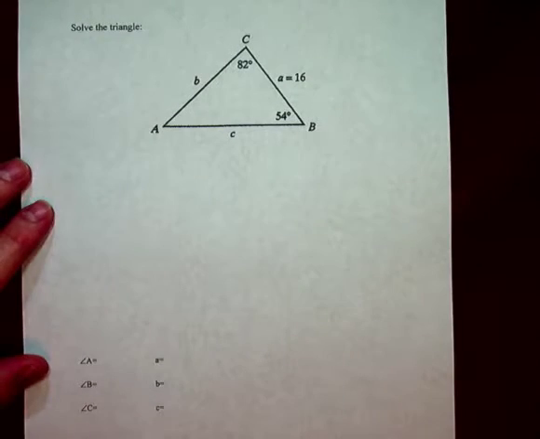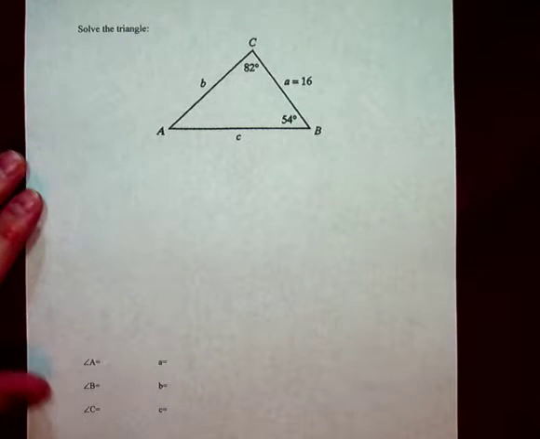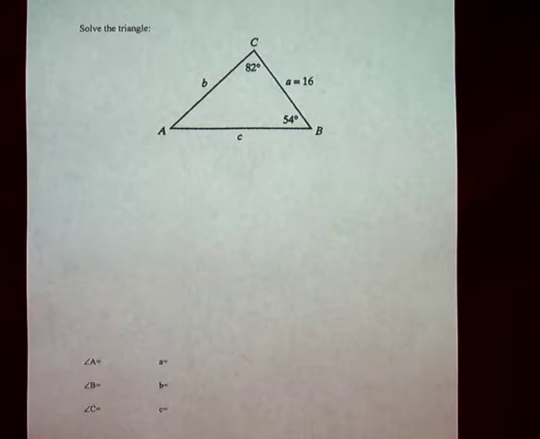All right, let's do another example. Well, here's the thing. When you're dealing with the law of sines, you have to have information that creates at least one complete ratio. Because if you set two ratios equal to each other, but they both have an unknown inside of them, you're stuck.